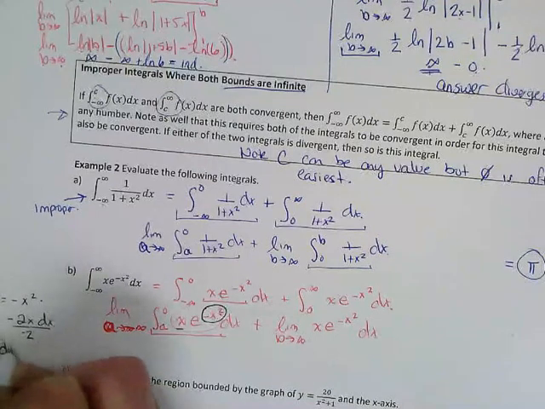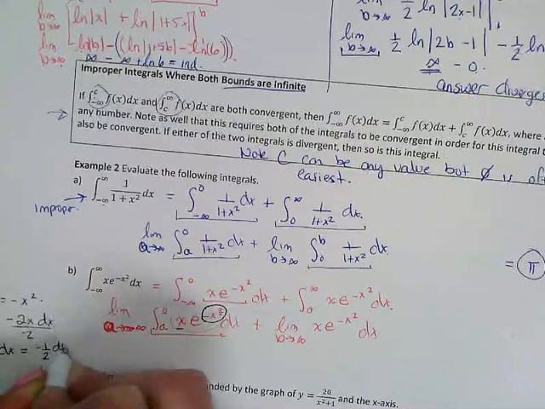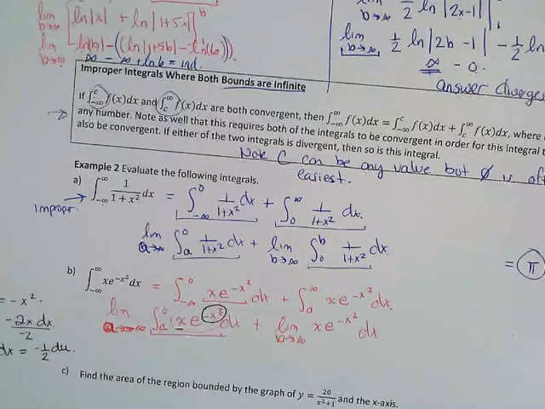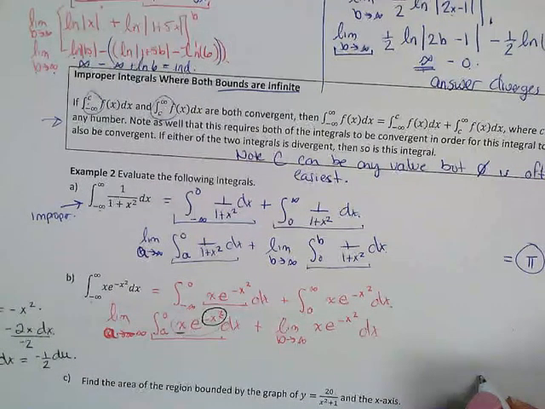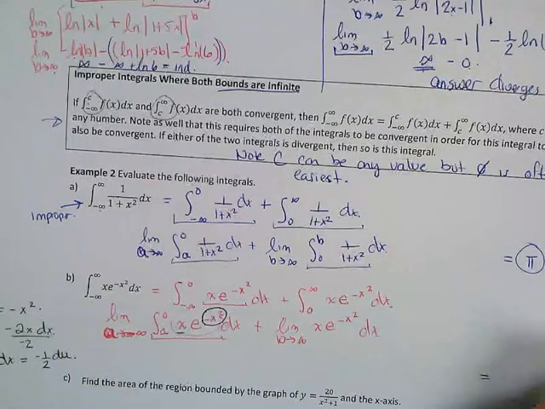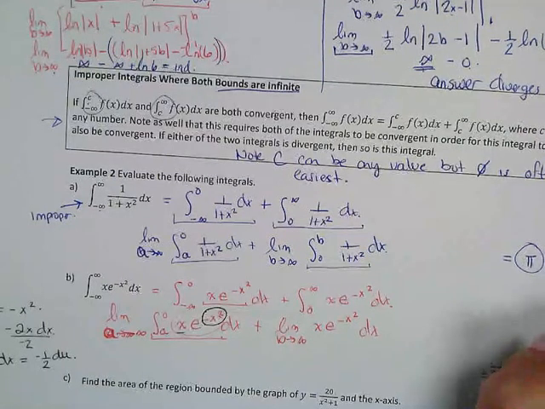So x dx can now be replaced by negative 1/2 du. Alright, and I'll let you guys finish this off just because I don't want this video to be super long, but your final answer will end up being 0.